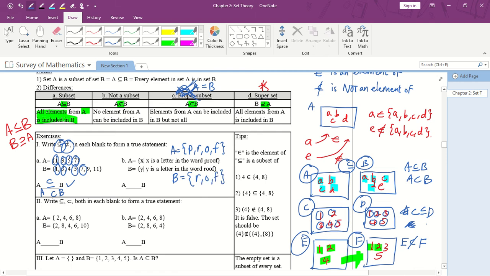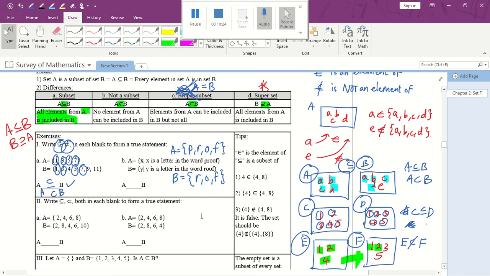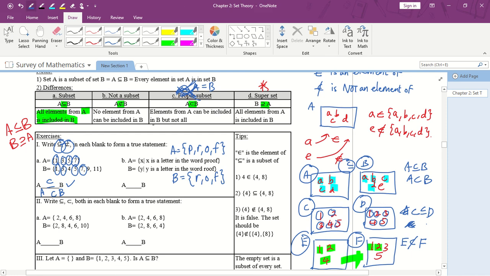So is A a subset of B or not a subset of B? What is the answer? The answer here is no, it's not a subset of B. Why? Because not all elements from A are part of the elements of B. P is not included in B, so it is not a subset.